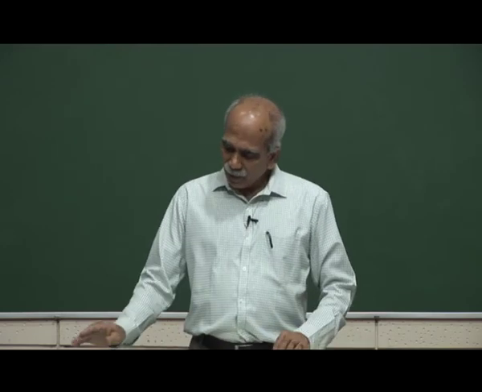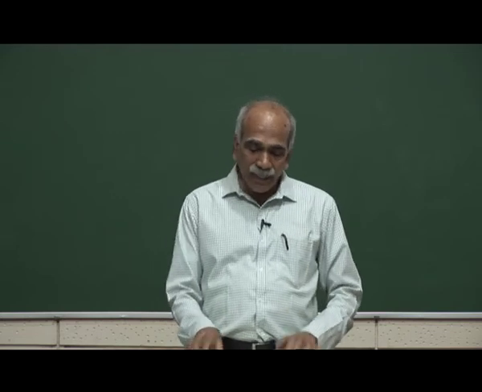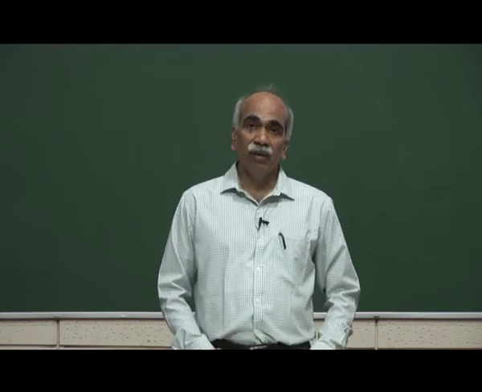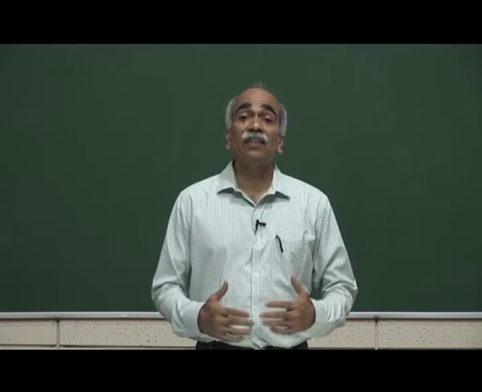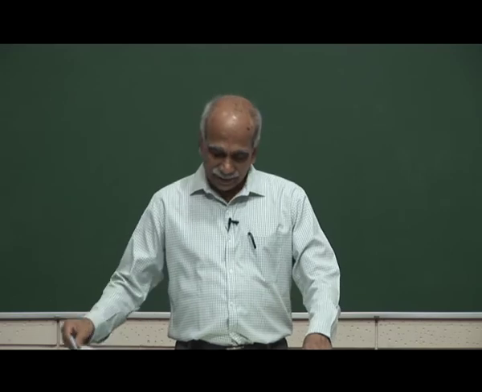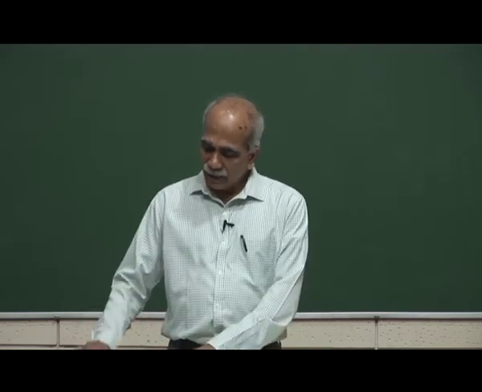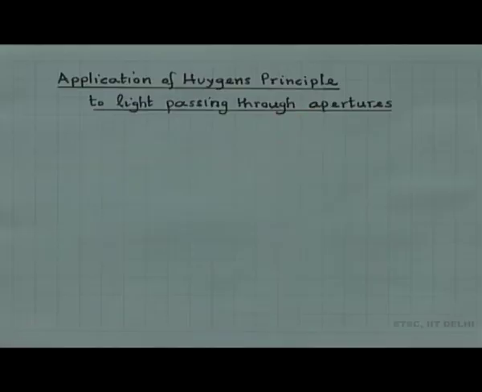Now, before we go to Thomas Young's experiment, we will see the application of Huygens principle to light passing through apertures. So, let me illustrate light passing through an aperture using the Huygens principle.